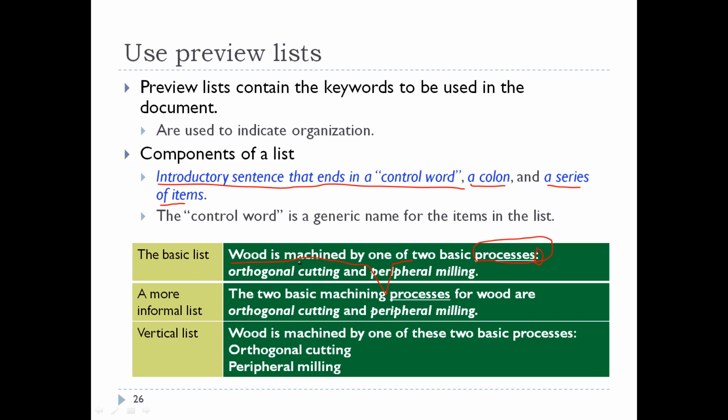We can make it less formal by getting rid of the colon and changing the order of things slightly, like bringing the control word into the middle, not exactly at the end. The two basic machining processes for wood are orthogonal cutting and peripheral milling.